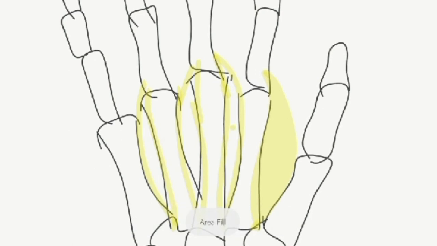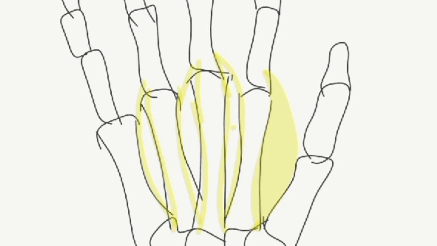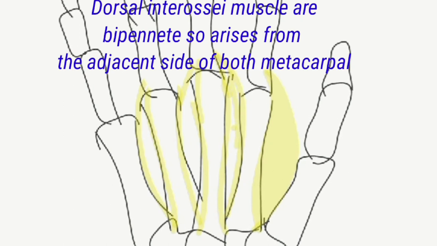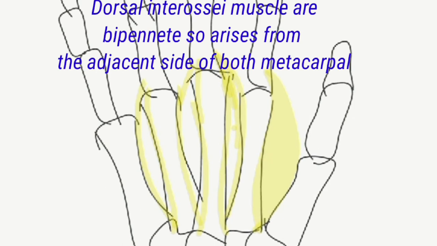The fourth dorsal interossei arises from the adjacent sides of the fourth and fifth metacarpal, and it is inserted into the base of the proximal phalanx of the ring finger, on the ulnar side.